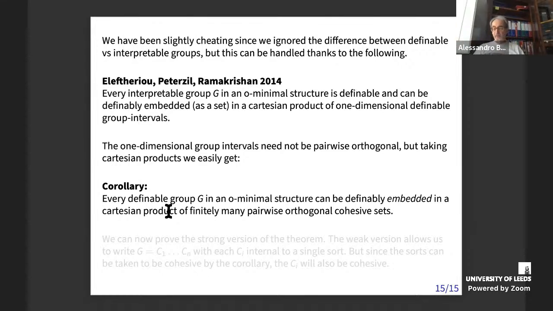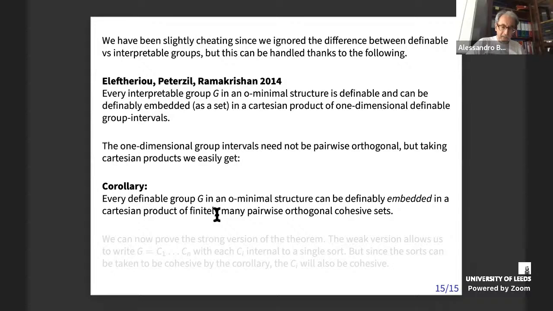When you cannot do it further, you are left with orthogonal cohesive sets of various dimensions. So we have reduced to a situation in which we can apply the hypothesis of the theorem in the definably compact case. We started by assuming that the group was inside the product of cohesive orthogonal sets. So we can reach this situation through this corollary.